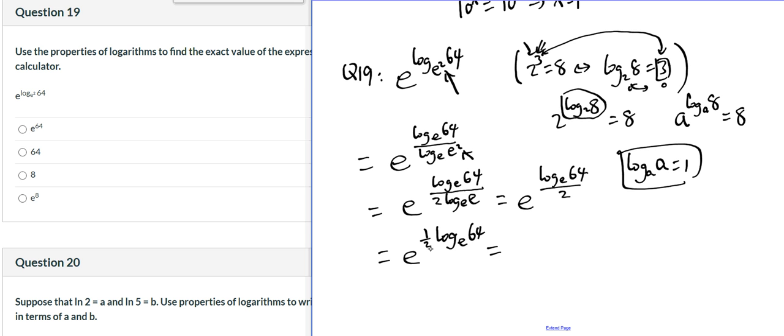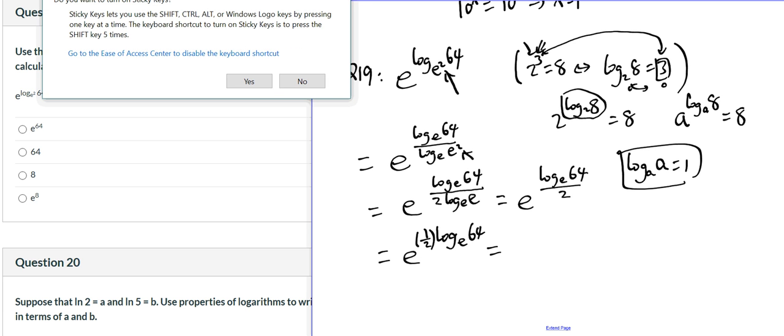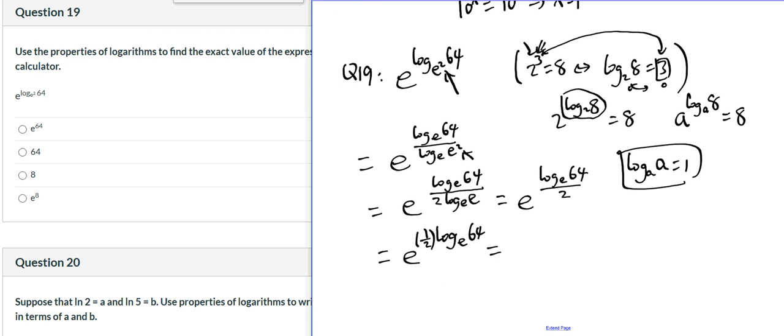And then this 1/2 becomes the exponent. So that will be e to the log base e of 64 to the 1/2. Now this base is the same as the base of the exponential expression, so it crashes down to 64 to the 1/2.